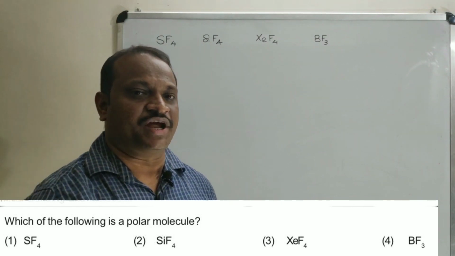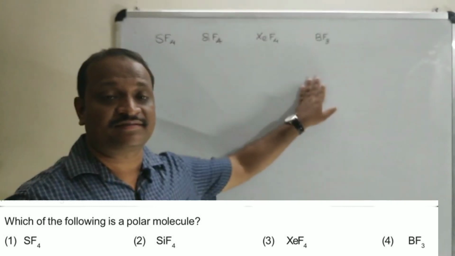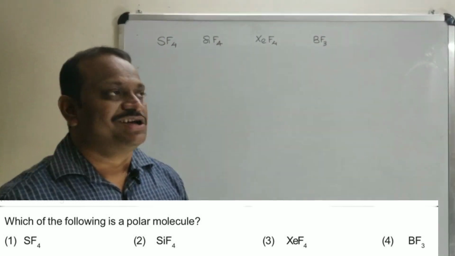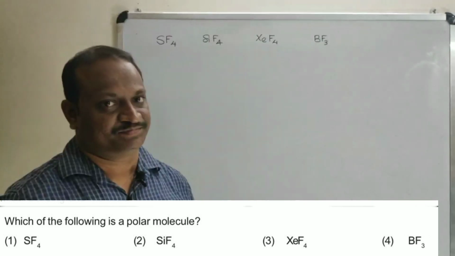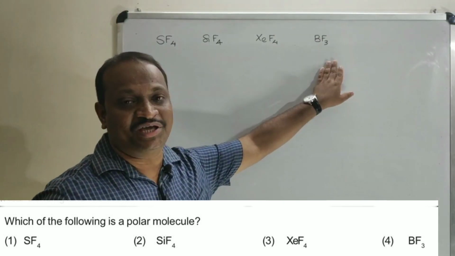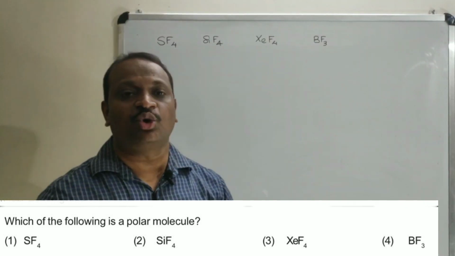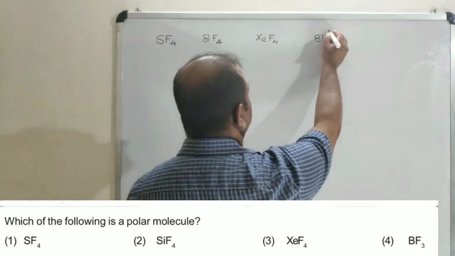In the next question, they are discussing which of the following is a polar molecule. This is a continuation of the earlier problem we discussed. What about BF3? BF3 is a symmetrical molecule, so it does not have any dipole moment. So let me cancel the option BF3.